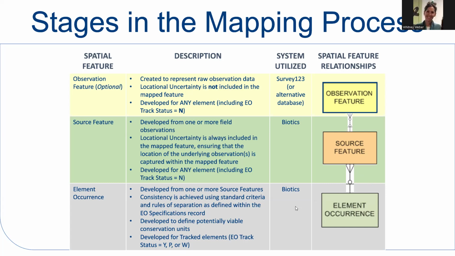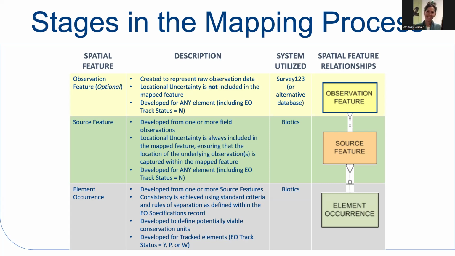And then finally, we have the element occurrence, which is also recorded within Biotics. The element occurrence is developed from one or more source features. The consistency for developing an element occurrence is achieved using standard criteria and rules of separation as defined within the EO specifications record.